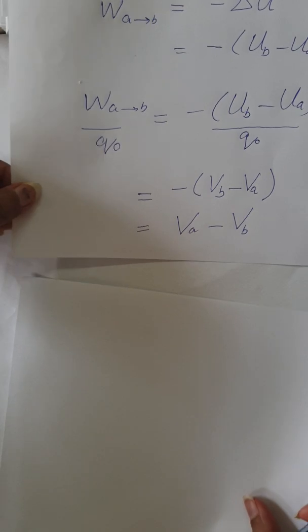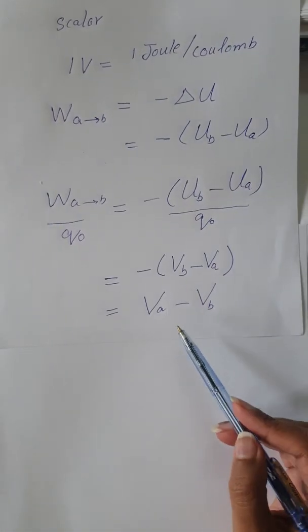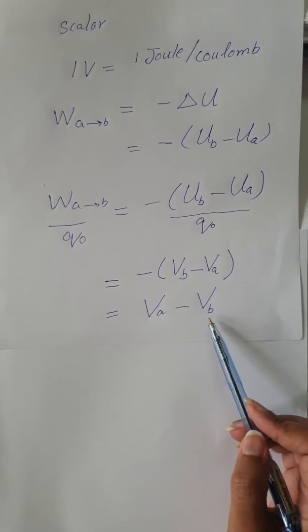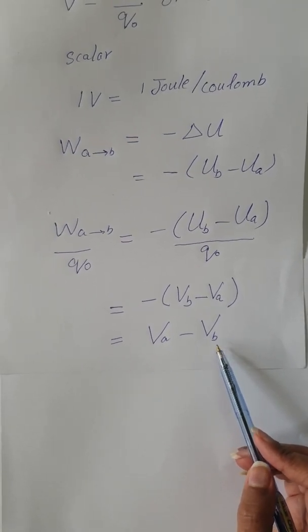VA means potential at point A and VB means potential at point B.